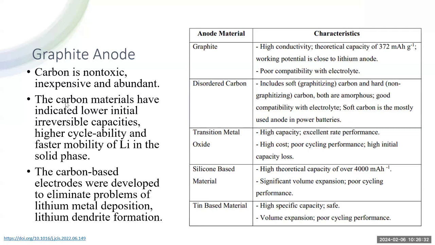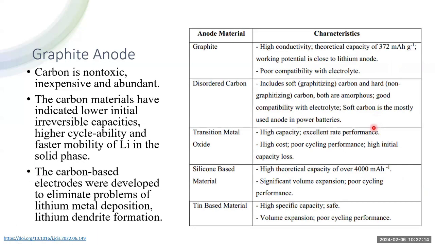So this is the point where we are talking about the different types of anode material, and silicon and graphite is here. The carbon-based electrode is also here. The carbon material, as he mentioned, has some problem. If you see here, the silicon has a very good capacity, 4,000 milliampere hour, and carbon is just 372.